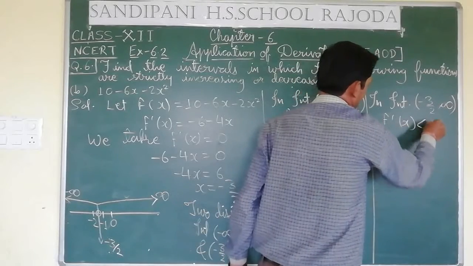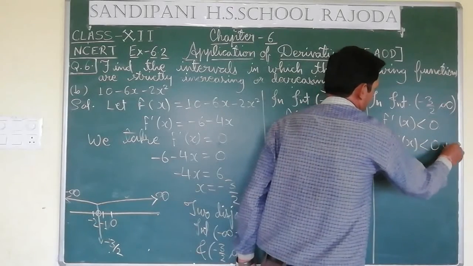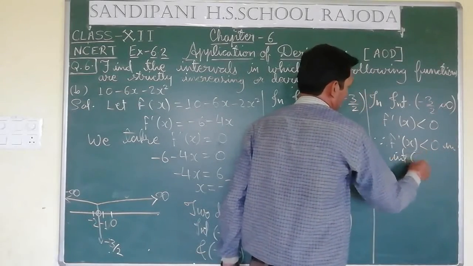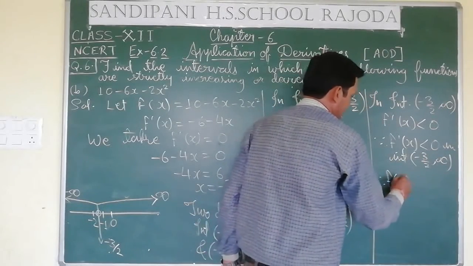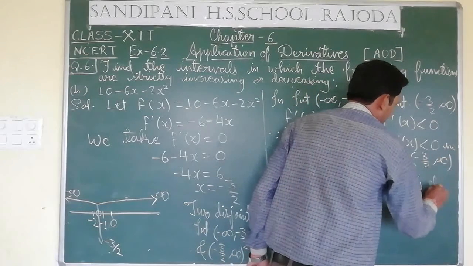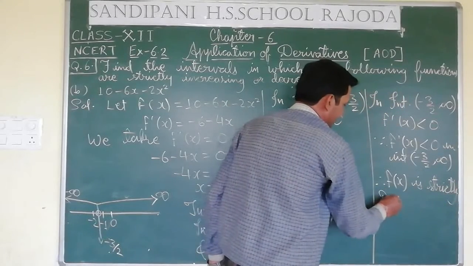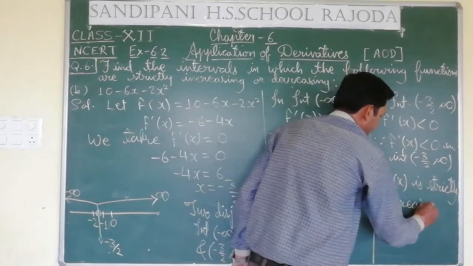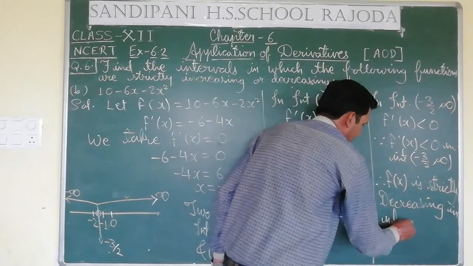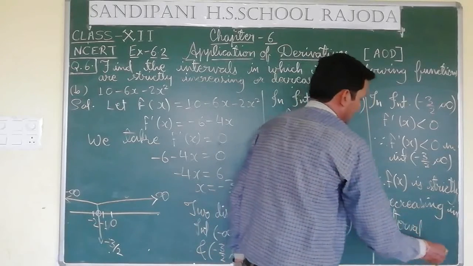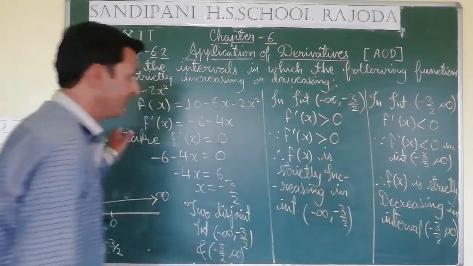So because f dash x is less than 0 in the interval minus 3 by 2 to infinity, therefore f of x is strictly decreasing in the interval minus 3 by 2 to infinity. So this question B is also finished.